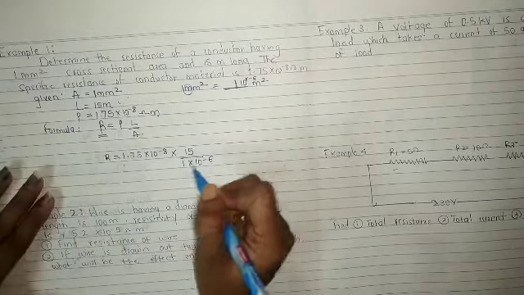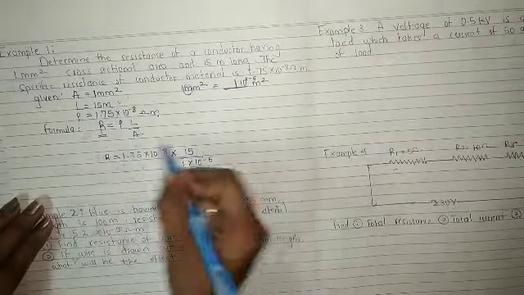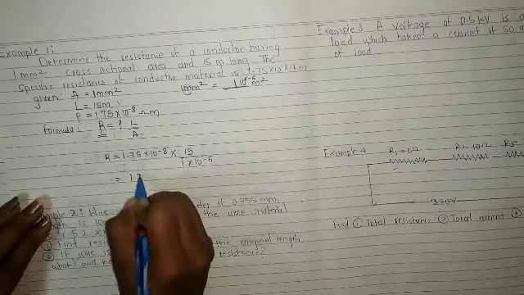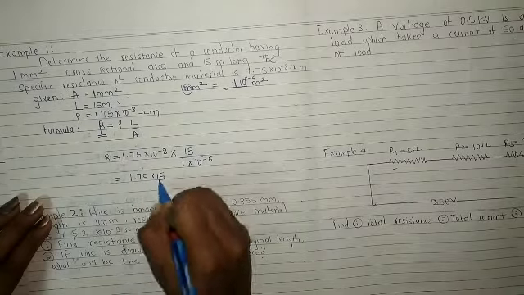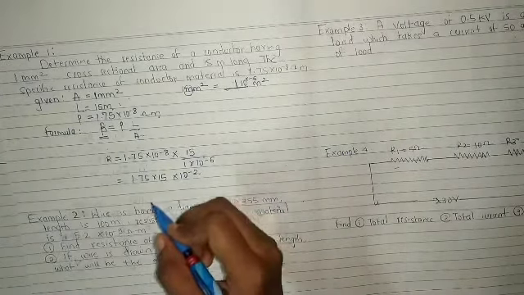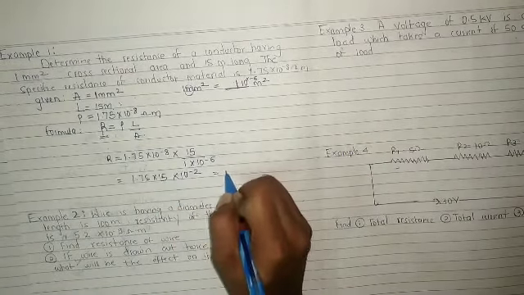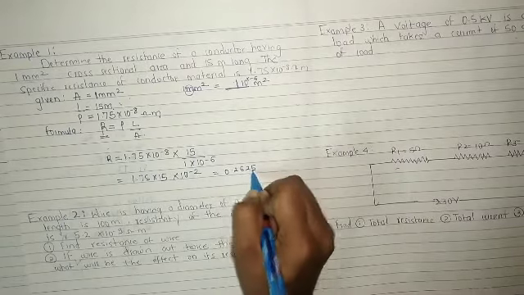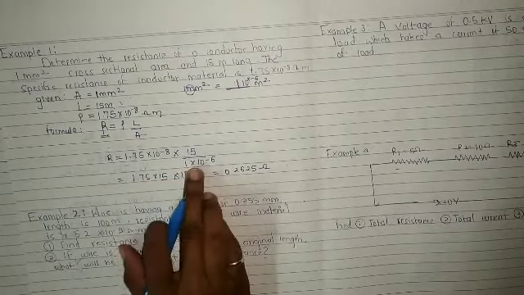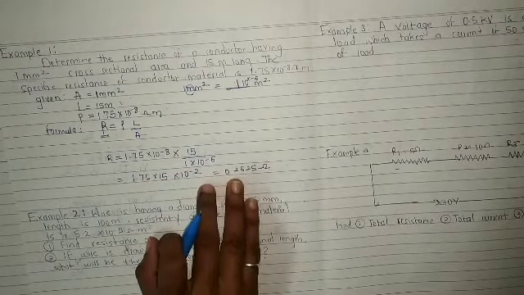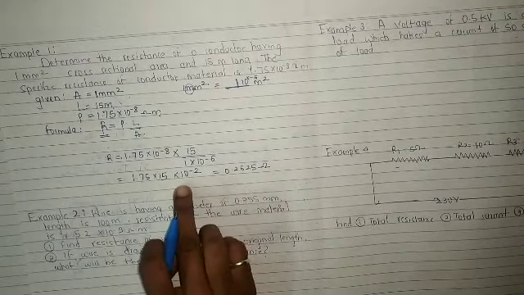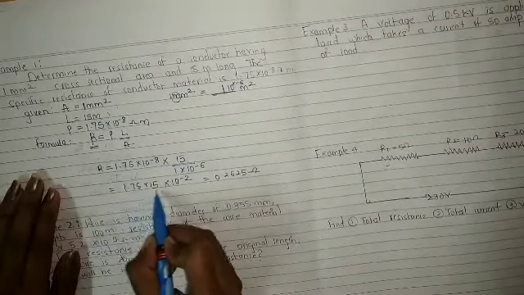Now we have to solve this mathematically. This becomes into 15 and 10 raised to minus 2. When you solve it, the answer is 0.2625 ohm. You have to multiply, do this conversion, and the answer will be 0.2625. Just check once whether the answer is correct or not. So first you multiply this.